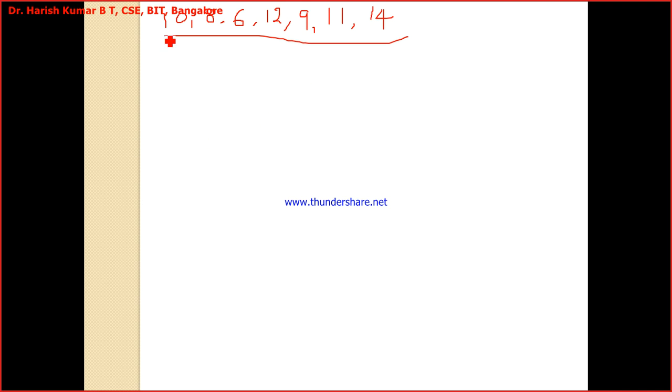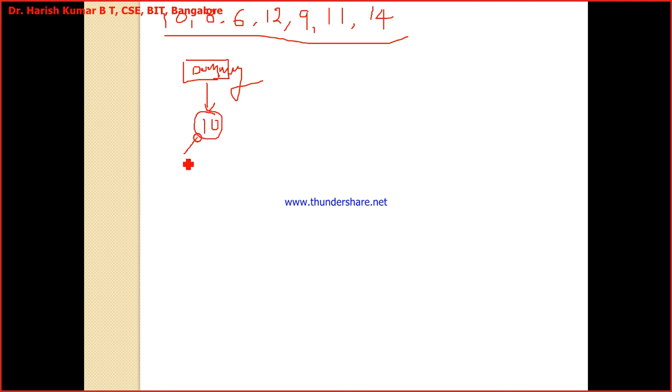So first you construct the normal binary tree. Before 10, I'll take a dummy node. Under this dummy node I'll write my actual root node 10, and then 8 is the next node.